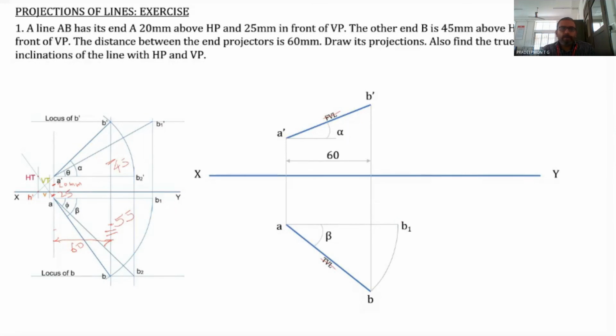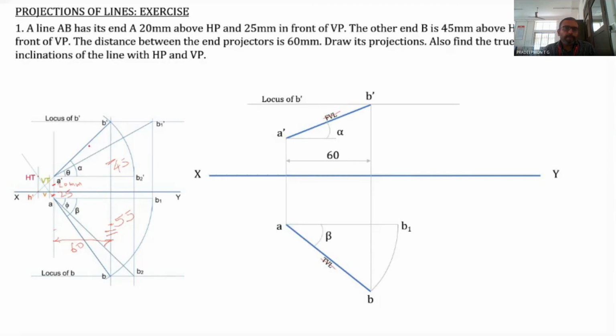Now you have to find out B1 dash. Once you have obtained B1, you have to find out B1 dash. In order to obtain B1 dash, first draw the locus of B dash. The locus of B dash is a horizontal line which is parallel to the XY line and passing through B dash. So this is the locus of B dash.